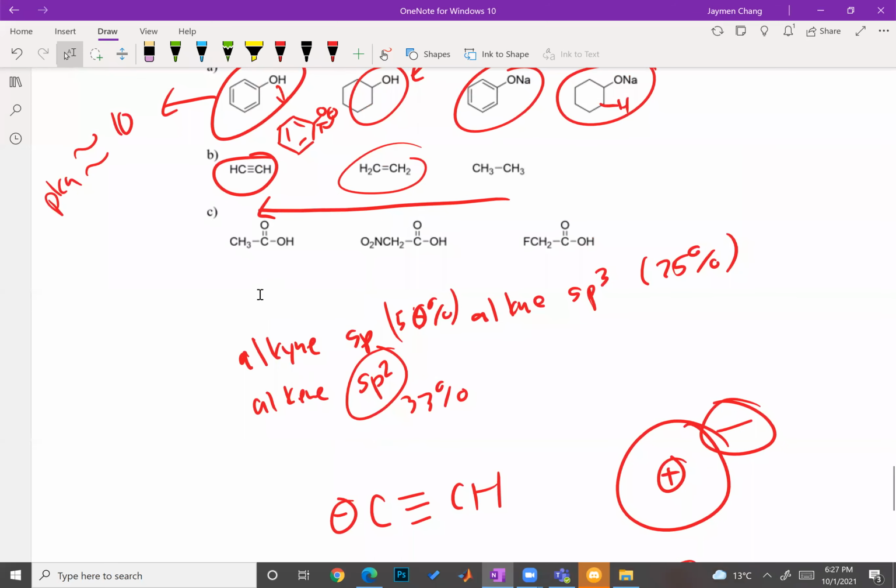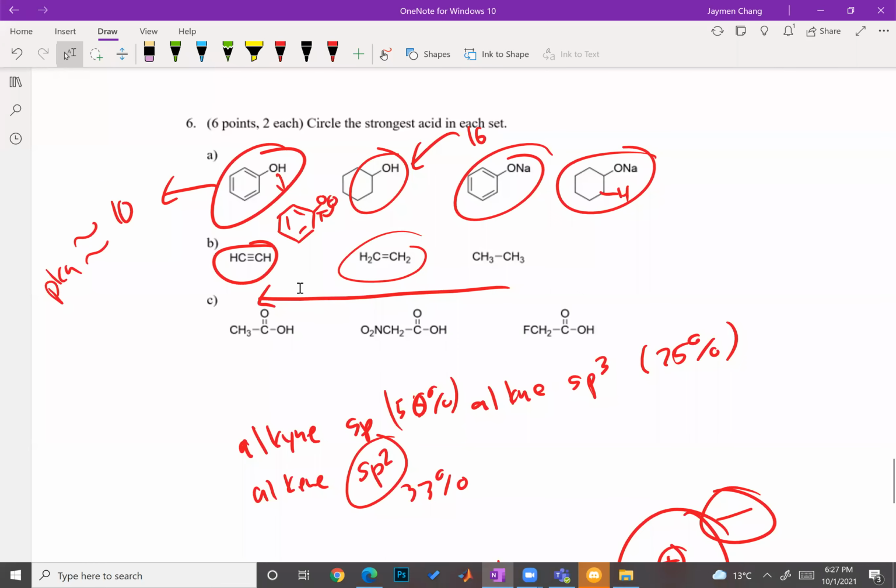Okay, so now we have 3 different options. Here, if we deprotonate it, we have this. Here we have a NO like this. And then this, we're going to have something that looks like this.